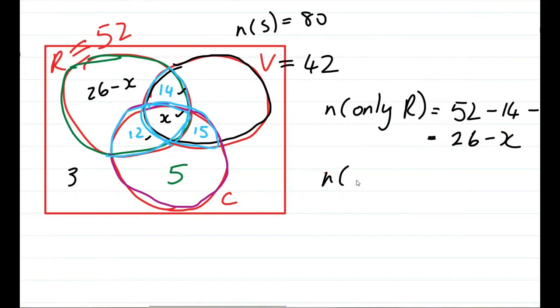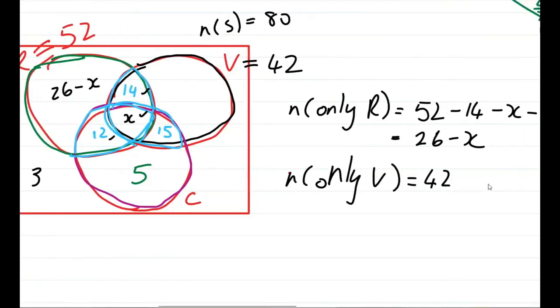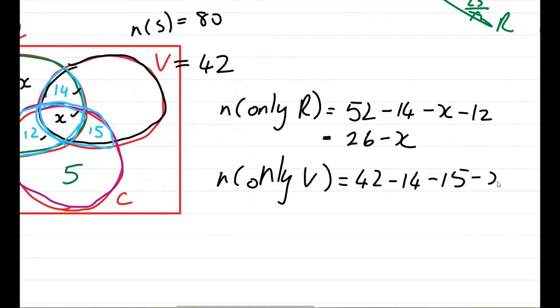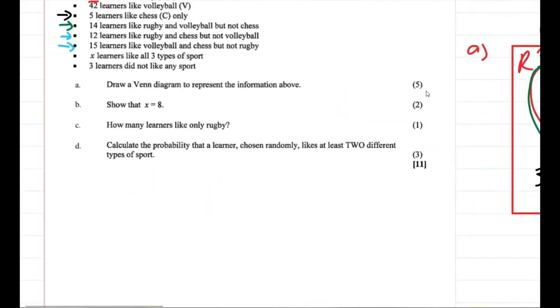The number of outcomes for only volleyball should be equal to 42, minus 14, minus 15, minus X. What does that add up to? 13 minus X. Good. So this spot over here is 13 minus X. And that's the Venn diagram. Great. 5 marks. Well done.